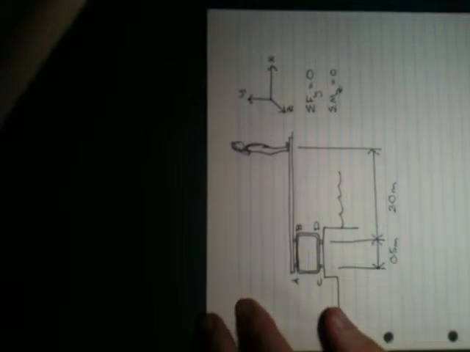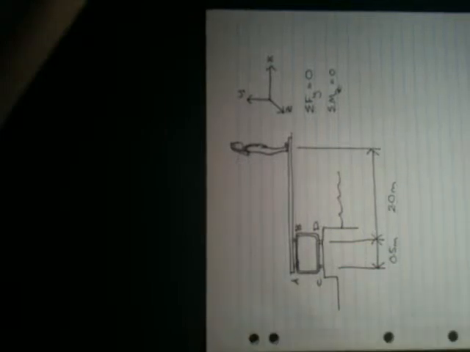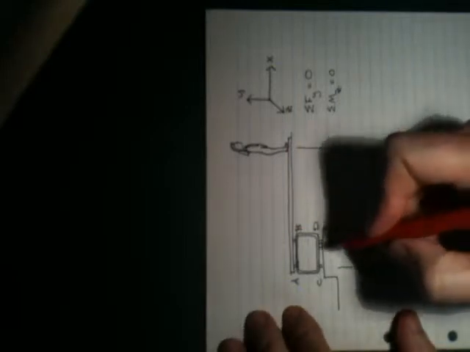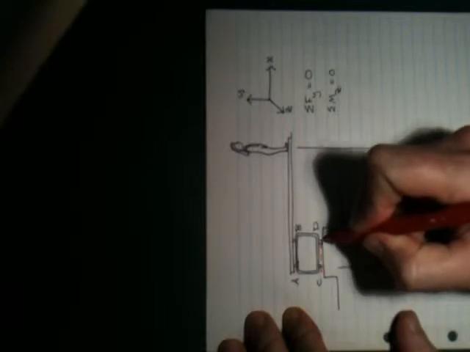So, to work out forces at C and D, first thing I need to do is to define the boundary of my free body. So I'm going to do this by marking a line through here.